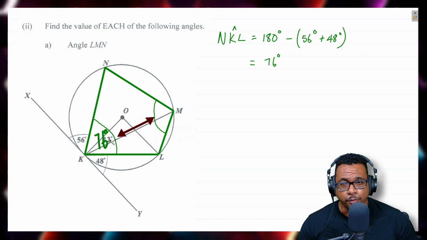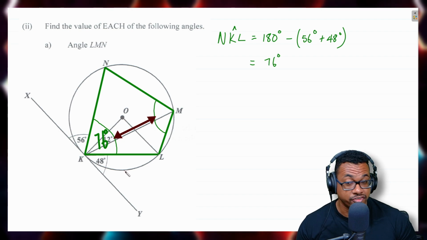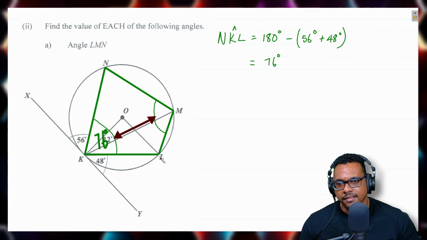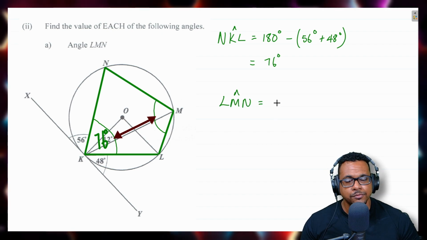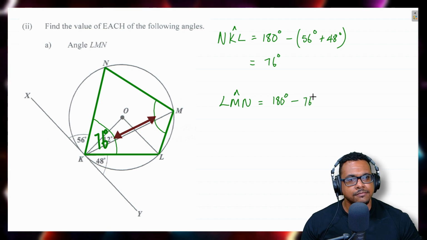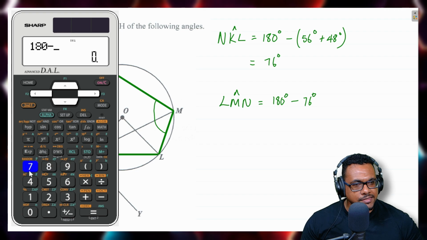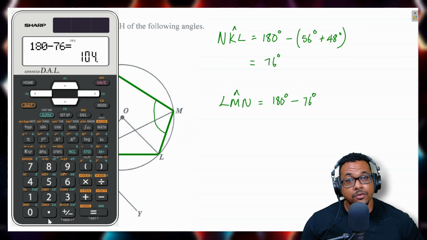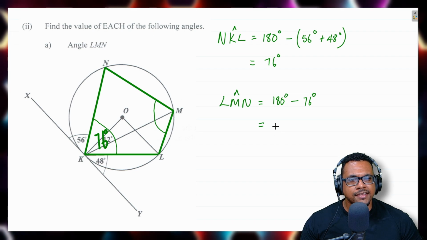And as I said, the opposite angles of a cyclic quadrilateral are supplementary, meaning they must add up to 180 degrees. So angle LMN will be equal to 180 degrees, take away 76. All right, so 180 take away 76 is equal to 104. So angle LMN is equal to 104 degrees.